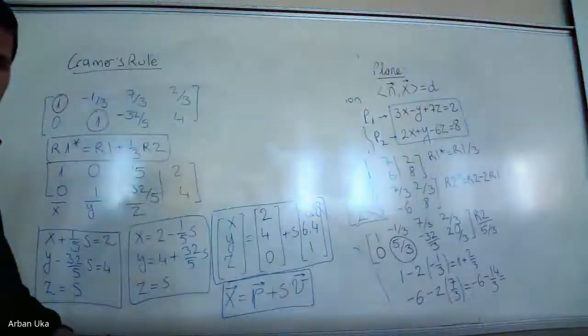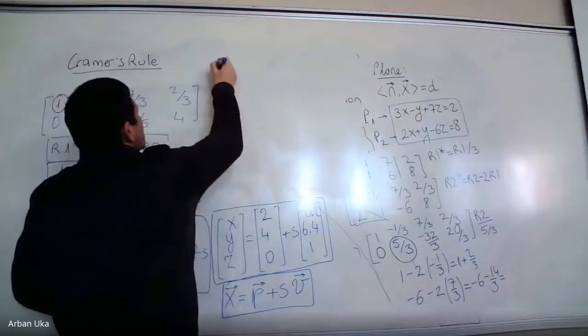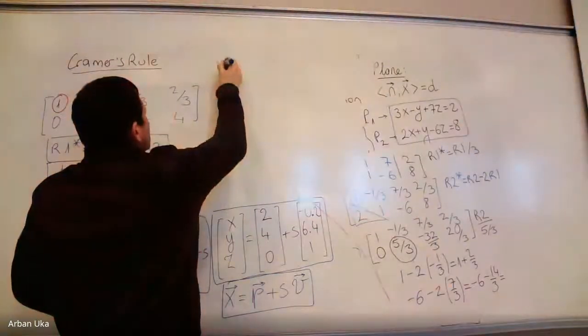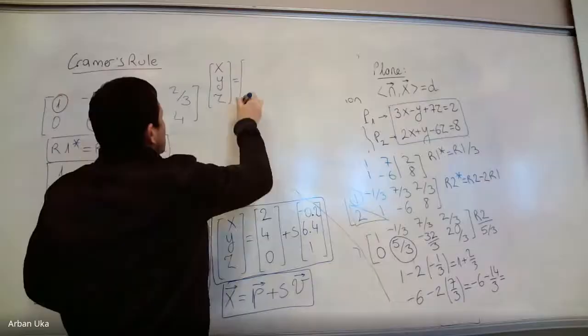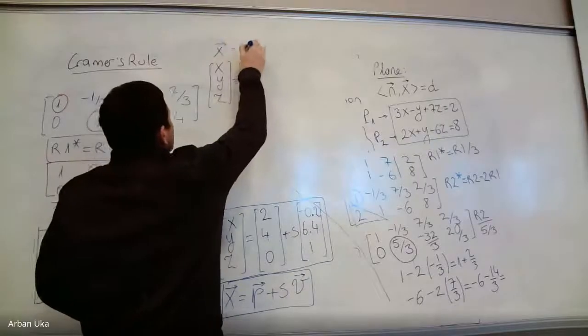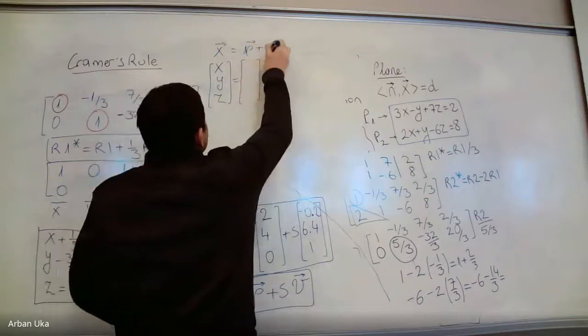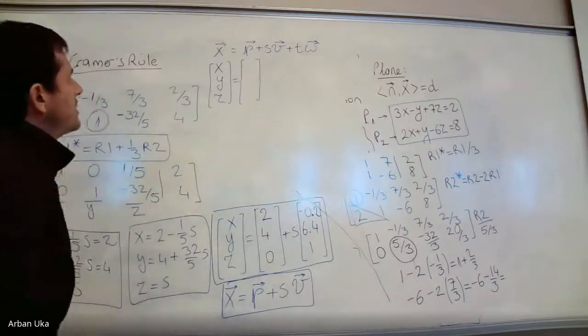So you said that if we have a parametric equation of the plane, right? So let's do it. It will be the position vector p plus s v plus t w. This is the plane.